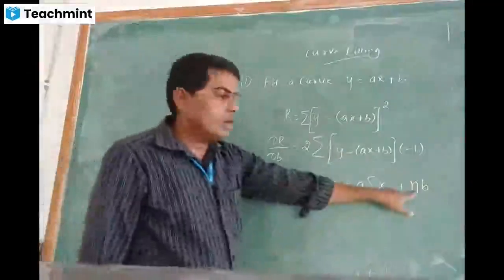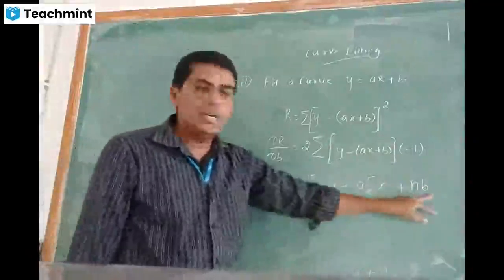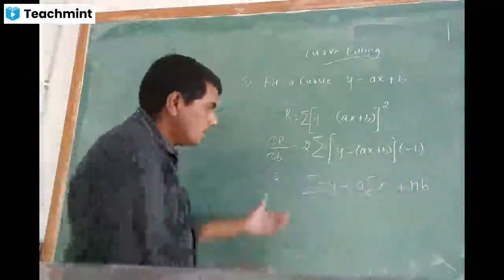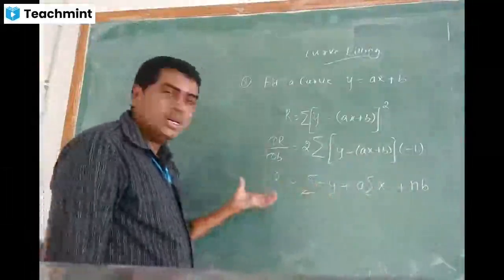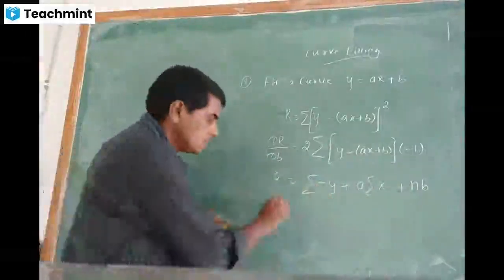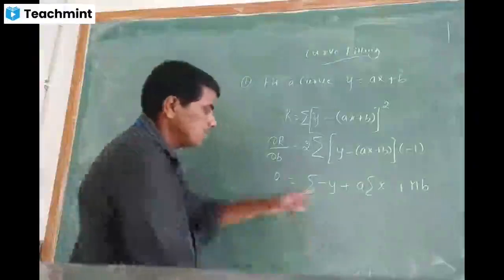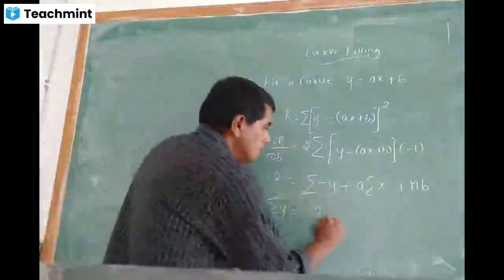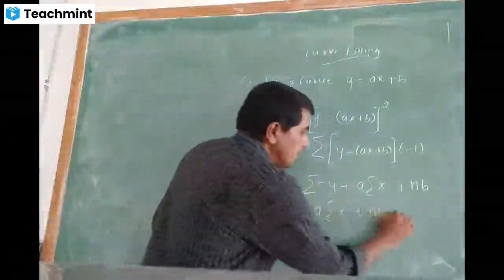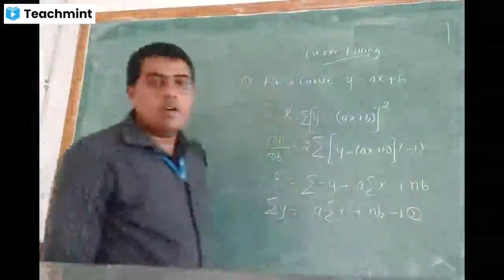N is finite, so I take the constant summation as n into d. This summation minus y, let us take to the other side. So summation y is equal to a into summation x plus n into d. So this is your second normal equation.